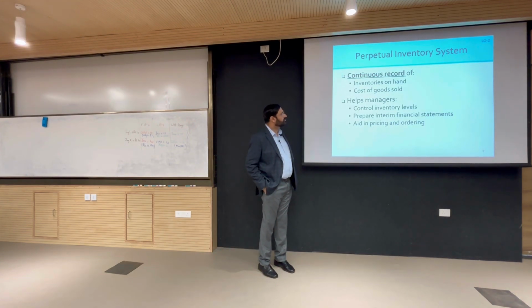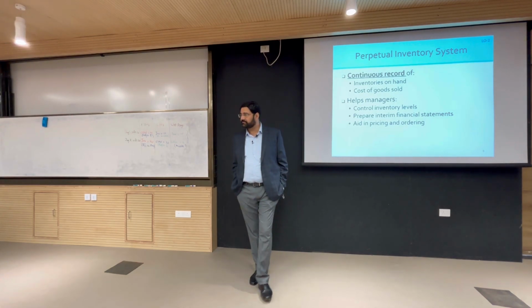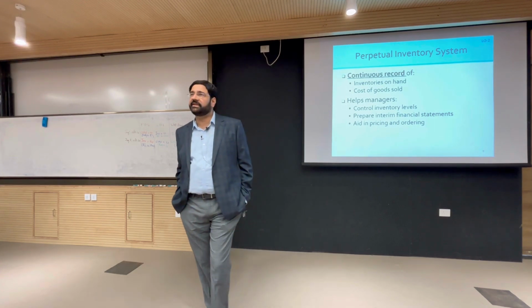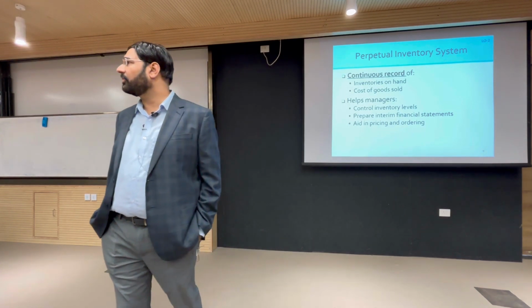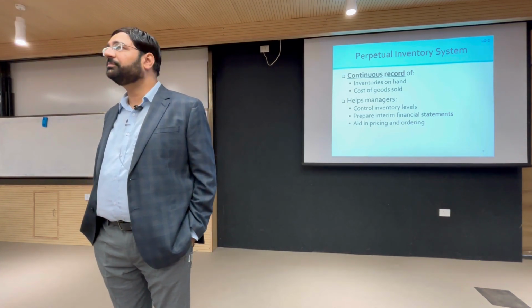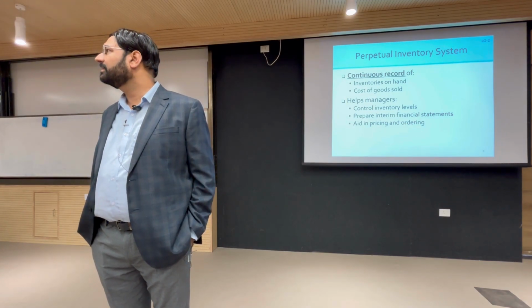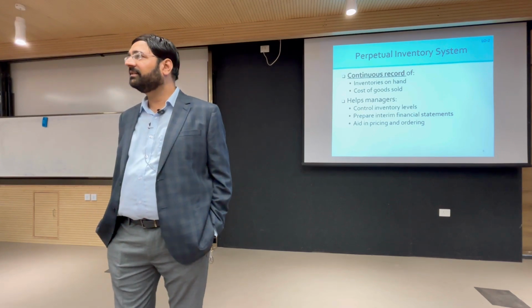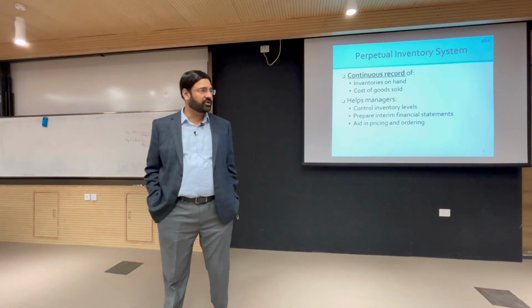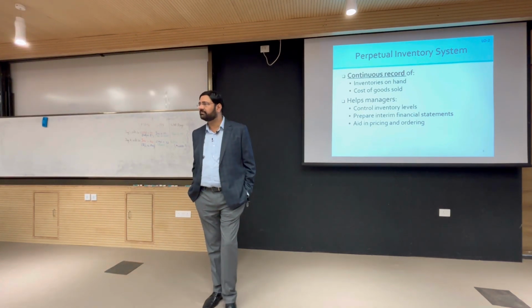So there are two inventory systems. One is a perpetual inventory system, second is a periodic inventory system. For all of you who have done your BCom or BBA, in India we almost always teach the periodic inventory system. So that's what you have learnt in your BCom or BBA, right?